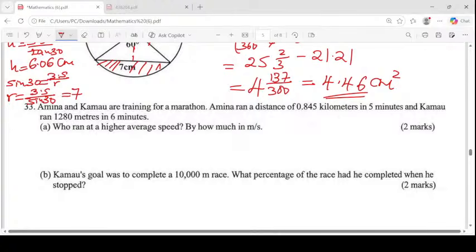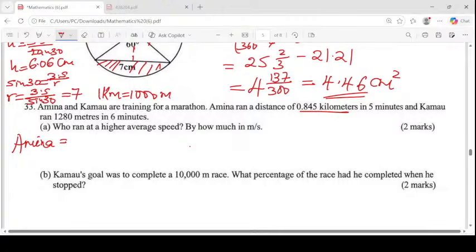What they mean in this question is we need to be critical thinkers. Amin ran this distance in this time, so let me convert them to meters per second. Let me get Amin's speed. Let me convert this one here to meters. You remember that 1 kilometer is equivalent to 1,000 meters.